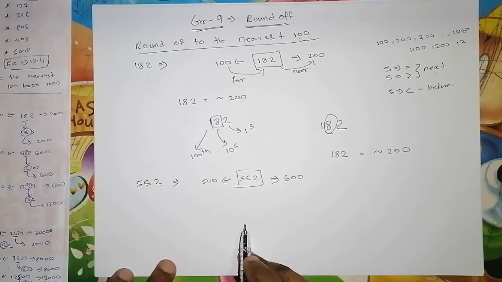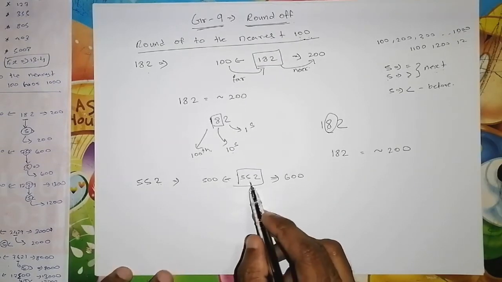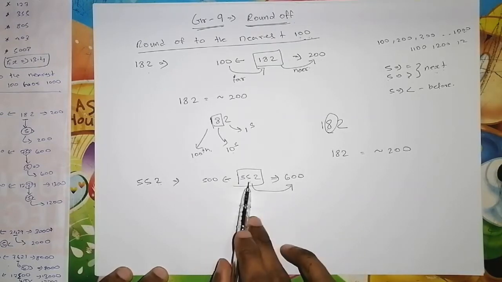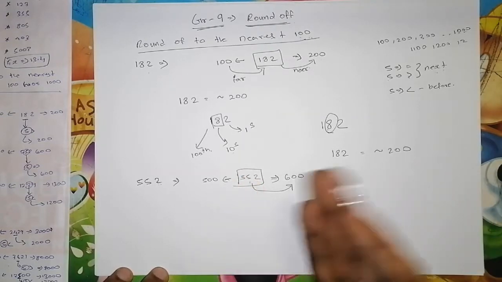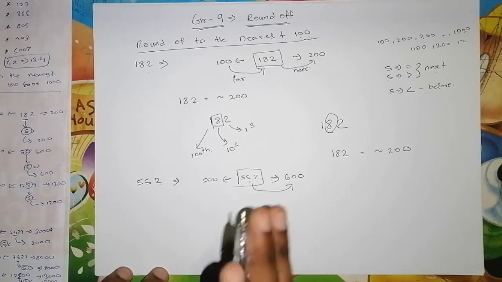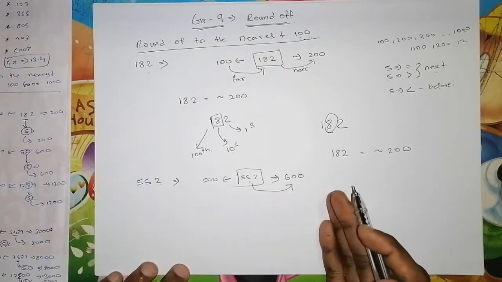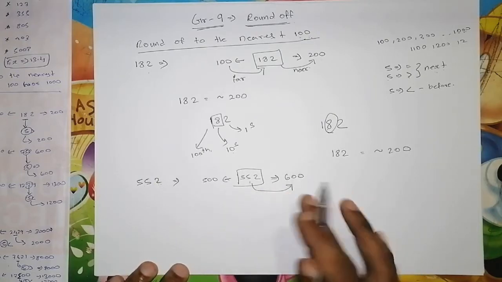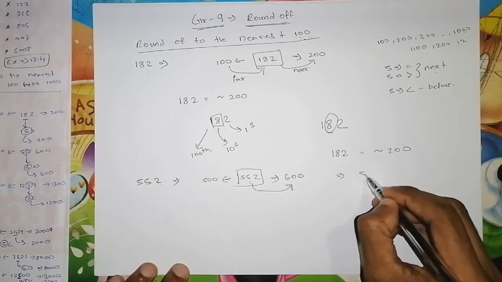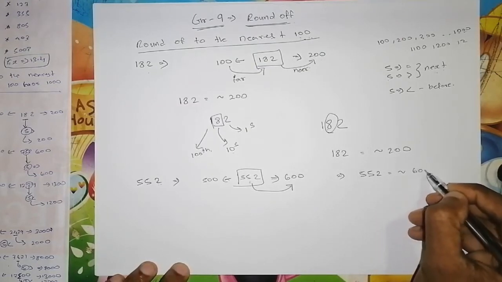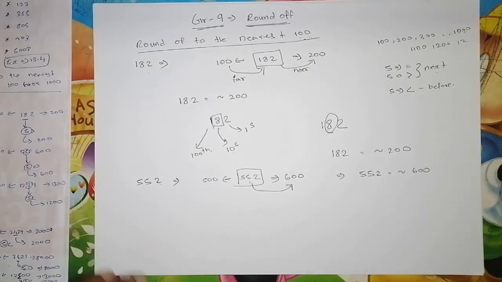Which value is 552 nearest to? It is nearest to 600 because it passed the halfway. 550 is half between 500 and 600, so it is past the half. So it is nearest to 600. If you round off 552, it is approximately 600. This is the first method.